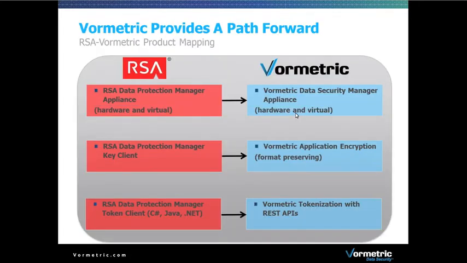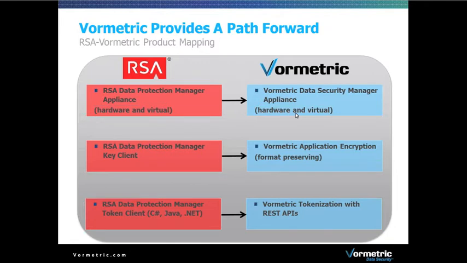And today we're talking about how to address that migration to the Vormetric platform. So if you want to look at a path, how do we move forward? What is the product mapping between RSA and Vormetric? At the heart of both architectures is a key manager. On the left, of course, we've got RSA and their Data Protection Manager appliance. This comes in two options, a hardware for FIPS and also a virtual option.